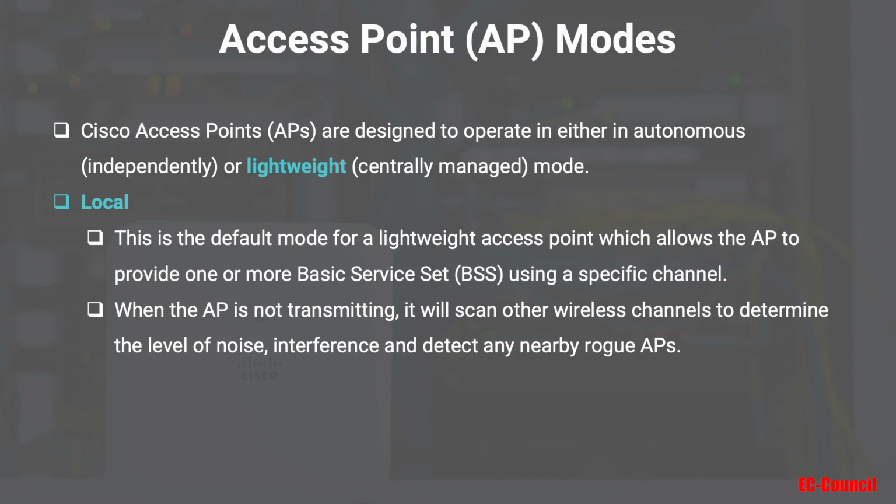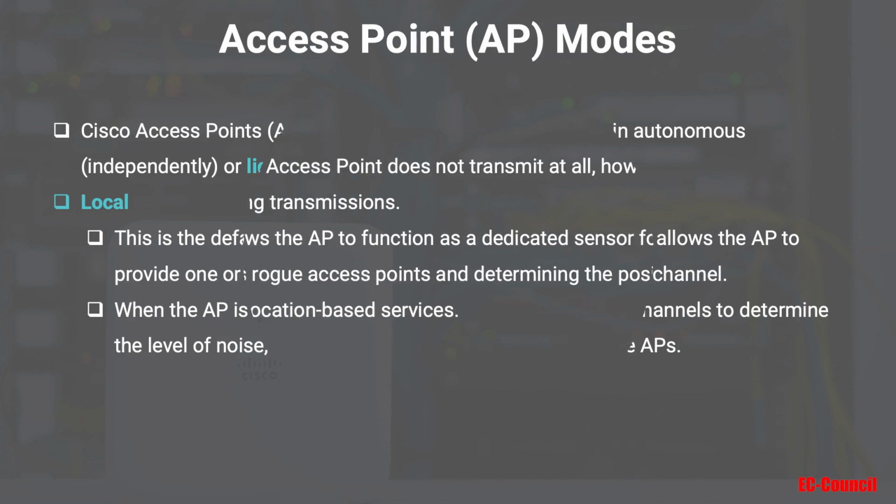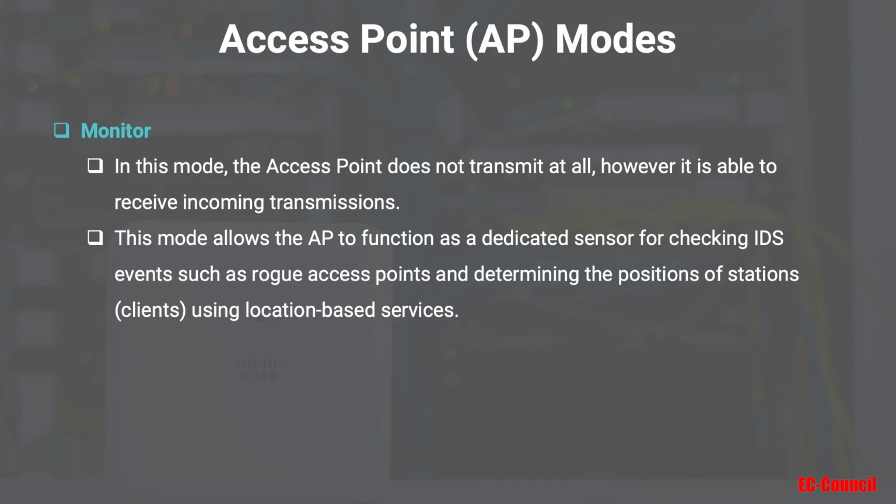Rogue access points are simply access points that try to trick users into connecting to them simply to steal data and gather confidential information. Another mode is called monitor mode. In this mode, the access point does not transmit any data at all.